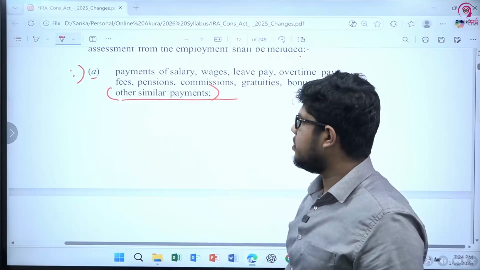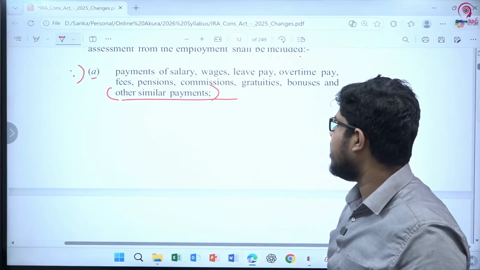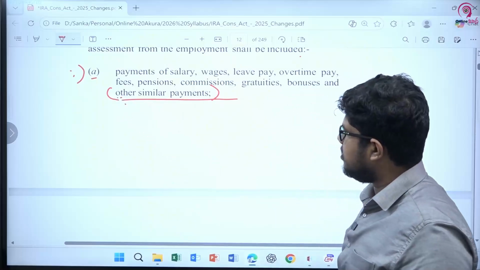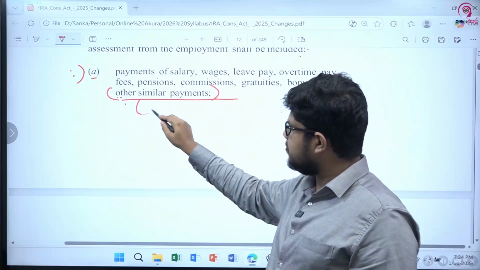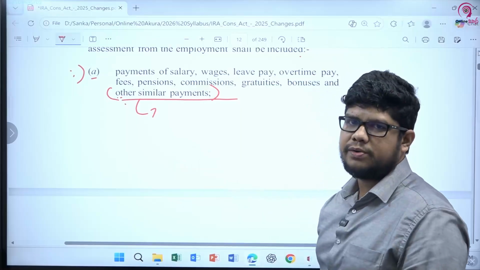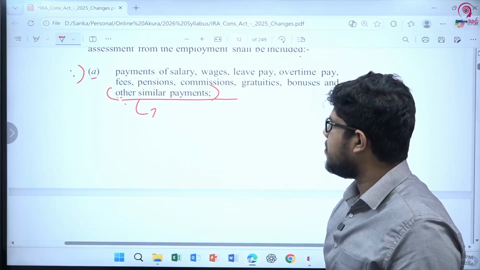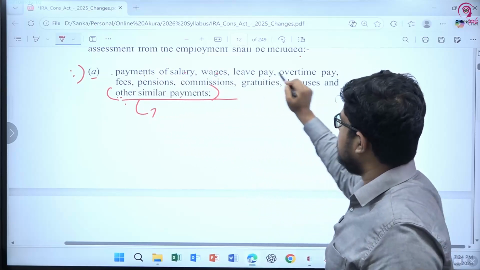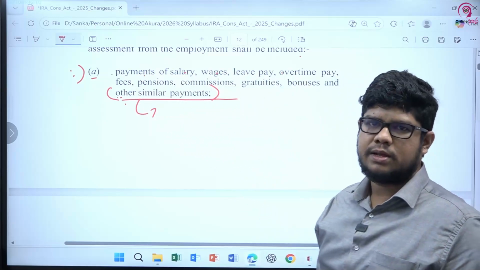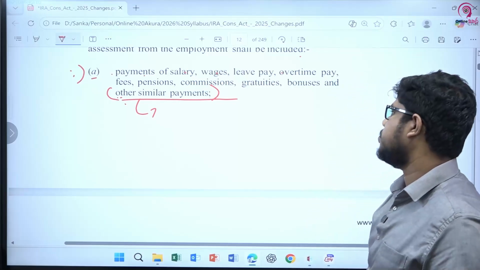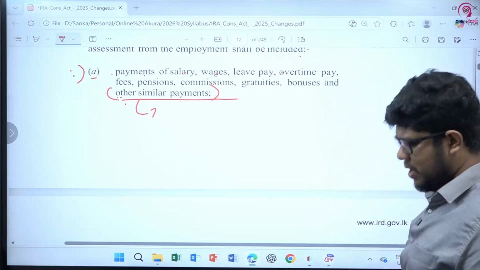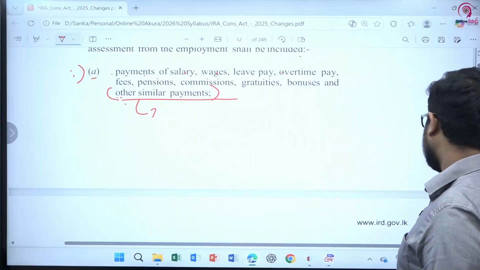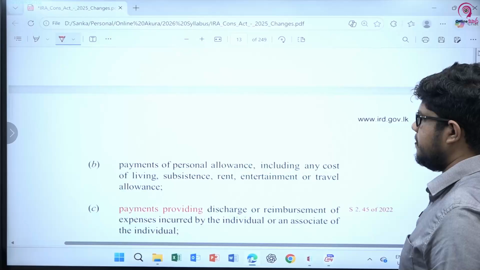There are legal principles saying that if the term does not specifically say what kind of income, it should be similar to the listed ones. So these other similar payments could also come into that, whatever you are getting as an employment benefit.